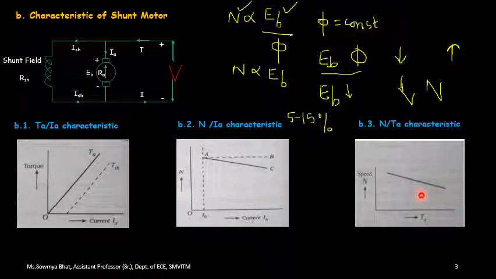Drawing the conclusion from the first one as well as second one, just like the previous one, that is the series motor we have derived, the same way I can conclude that as I go on increasing the armature torque, the speed will go on reducing. So the second as well as the third characteristic curve will almost be similar to each other.